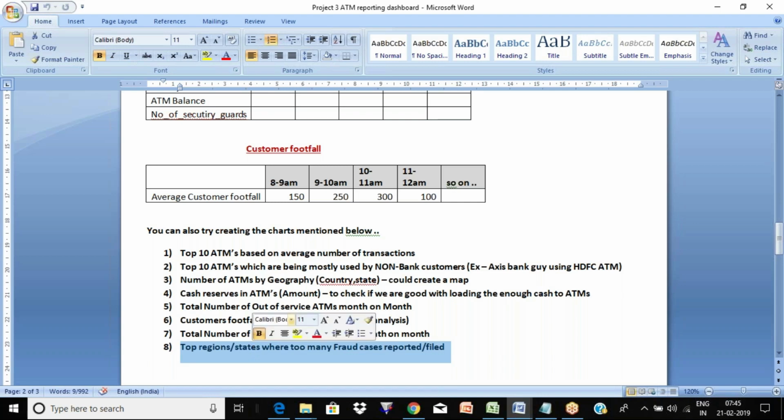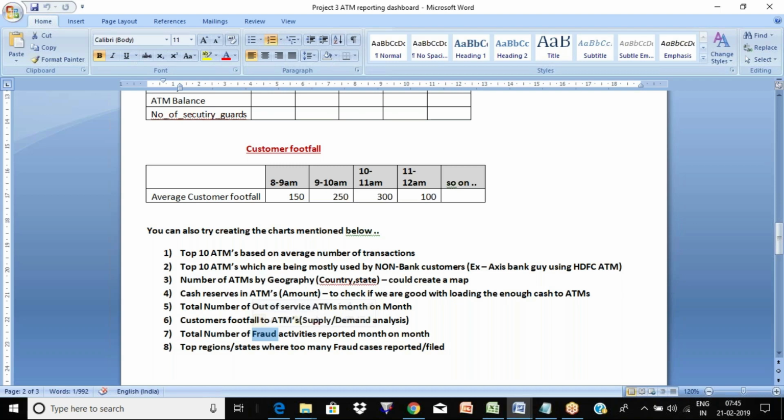So why I mentioned this is, you can pick some of the charts which you can talk about, and you have to prepare accordingly. So let's say if they ask about the total number of fraud activities reported, you can talk about that, right? So there should be a column. How do we identify that it is a fraud?